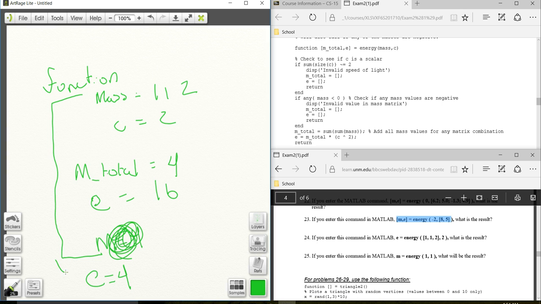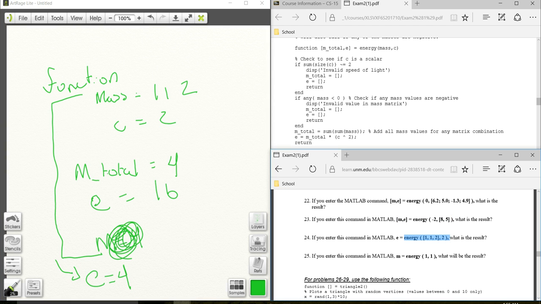This is just what's being displayed, so I didn't want to confuse you with this E and this E. This E belongs to this part right here, and this E comes from setting it equal to E, but it's going to be M total. So I predict that it'll be equal to 4.